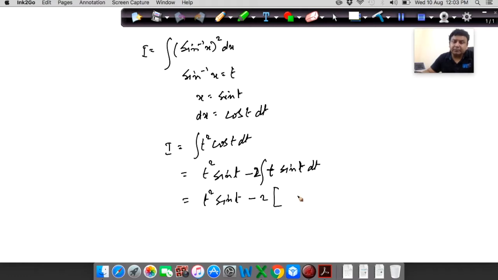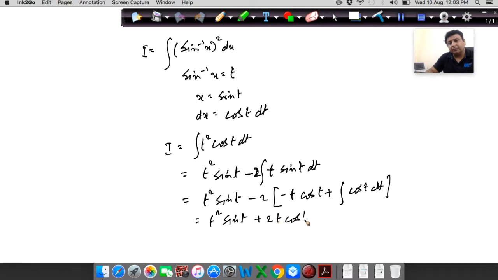So that's t as it is into minus cos t, minus 1 into minus cos t integrated now. So you get t square sin t minus minus plus 2t cos t and minus 2 integration of cos t, sin t plus c.